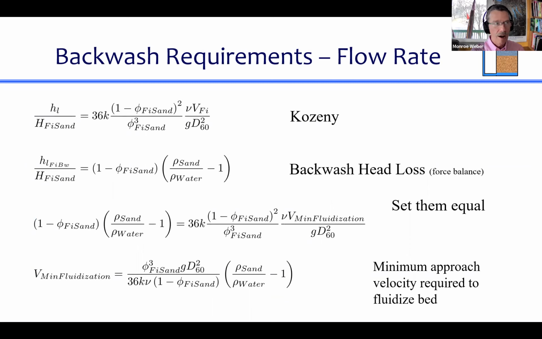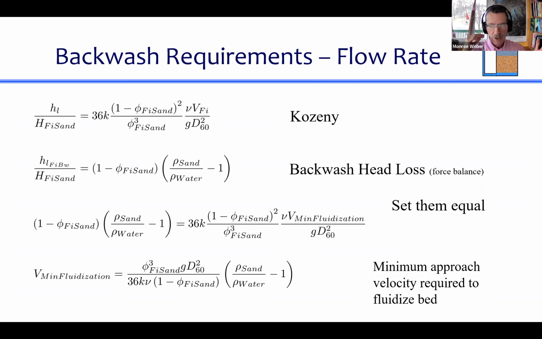We can also do one more calculation with this, where we have the Carman-Kozeny equation giving us the head loss as a function of velocity, the approach velocity. And we have this equation that gives us the head loss that you must have in order to fluidize the sand bed.